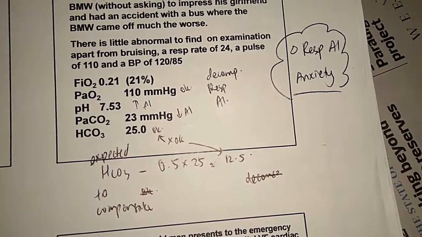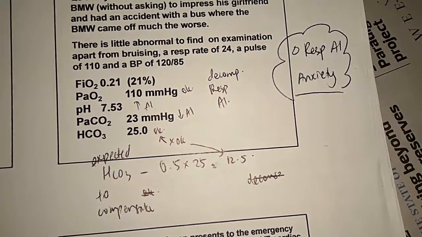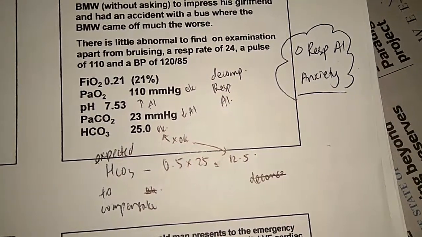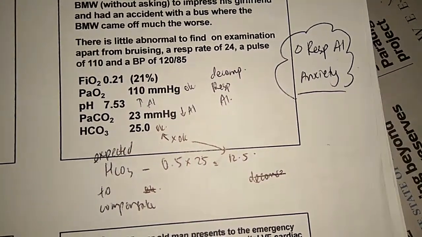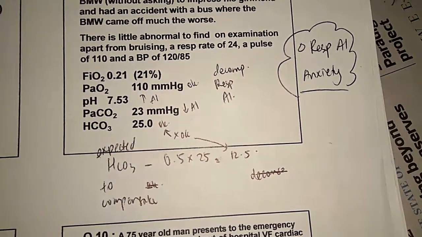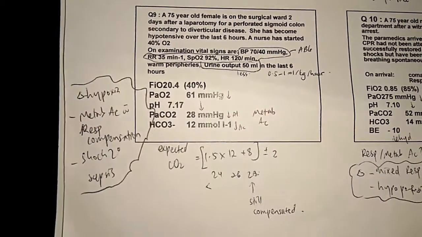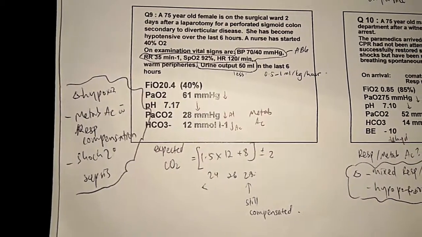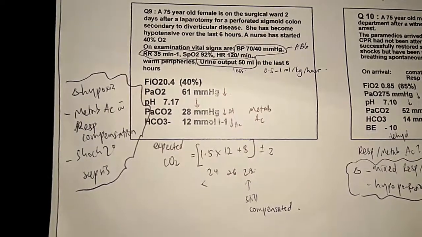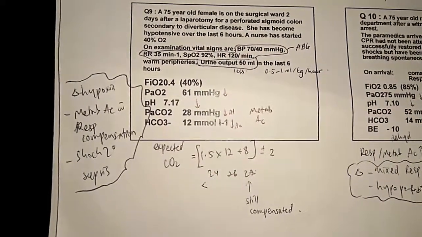So here the bicarb value of 25 is very high. So the patient is in decompensated respiratory alkalosis due to anxiety. Question number 9, this is a case of shock secondary to sepsis with metabolic acidosis, compensated.